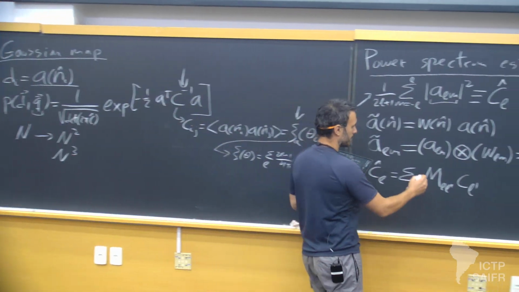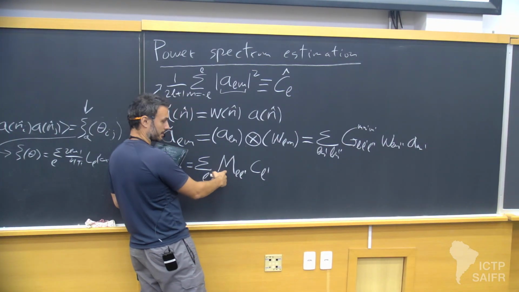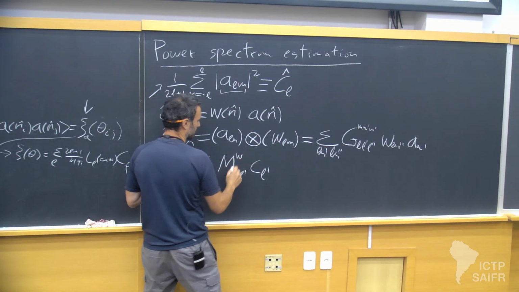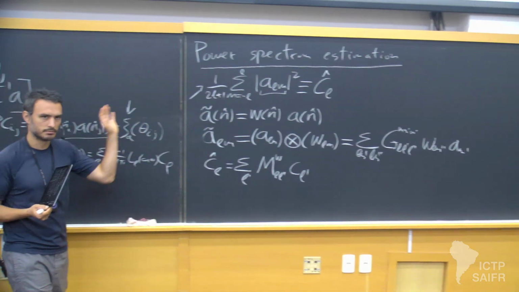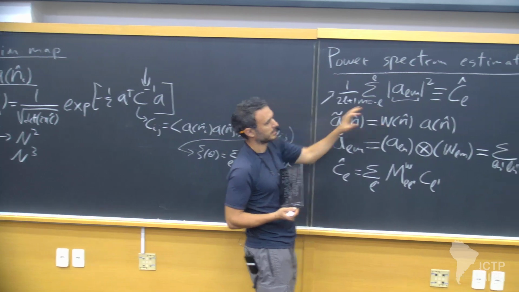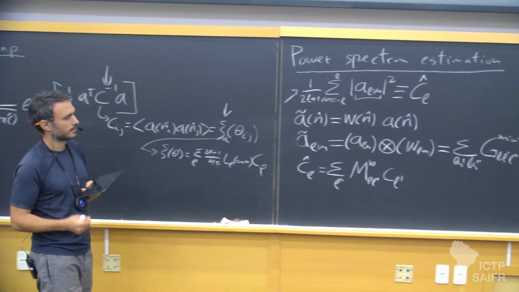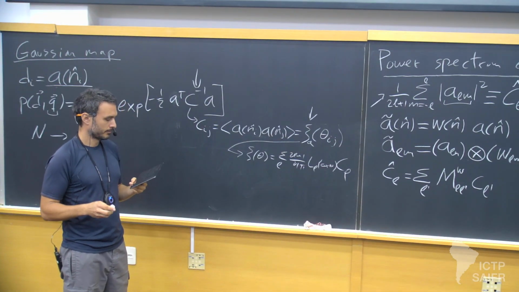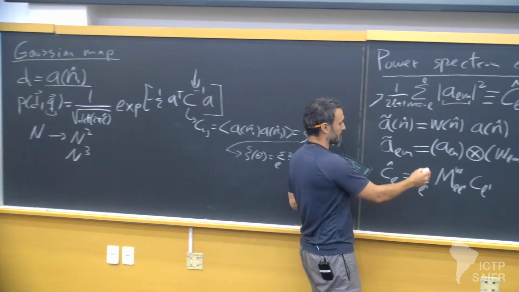And this mode coupling matrix depends only on your mask. It doesn't depend on your data. It's only caused by the kernel, the window function that you have for your observations. This is called the mode coupling matrix.